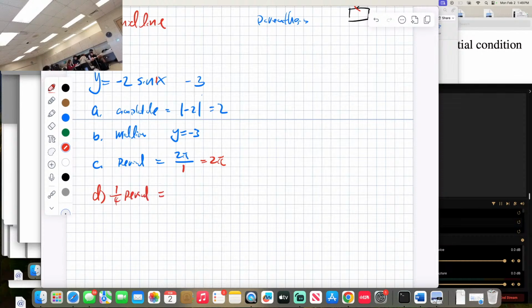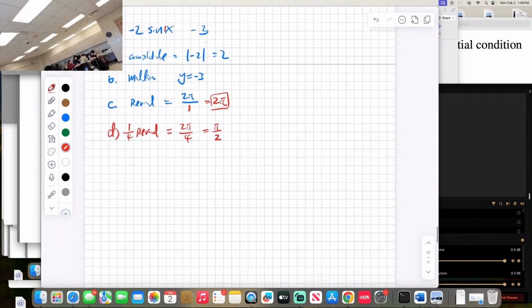So what is quarter period? It's basically break the period into 4. So we can see the fluctuation between the midline, the maximum, the minimum, the midline. So we take the whole period and we divide it by 4. So it's pi over 2. So that means every pi over 2 is going to have a drastic change.